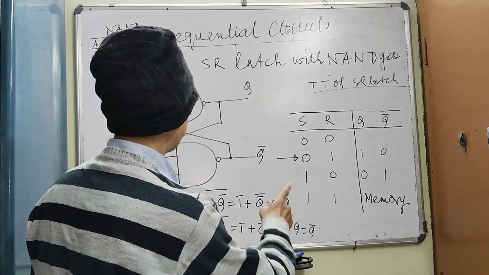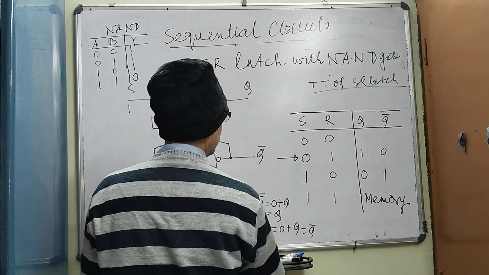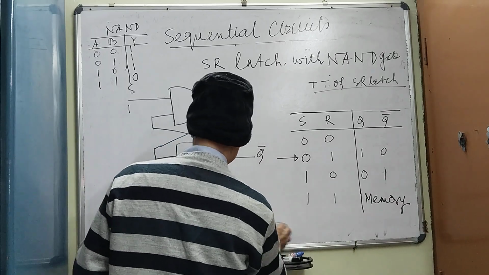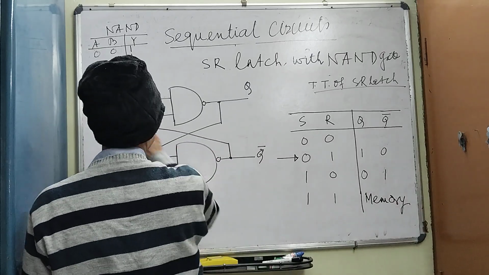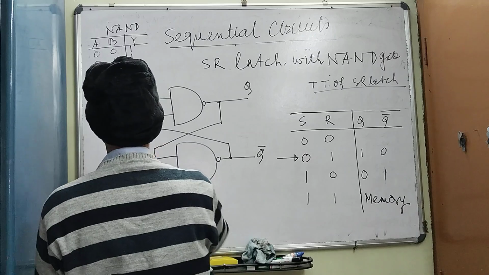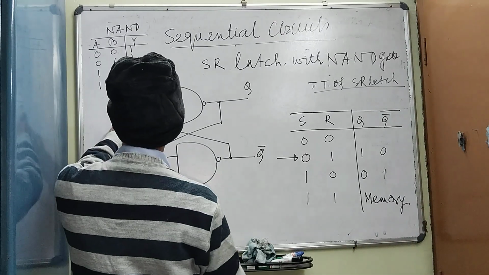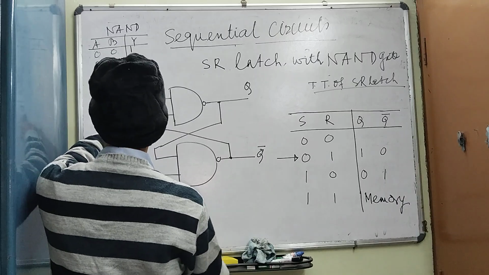And in case of 0 0, this is the last condition. In case of 0 0, what will happen? We check that both are 0. When 0 0, what will happen?